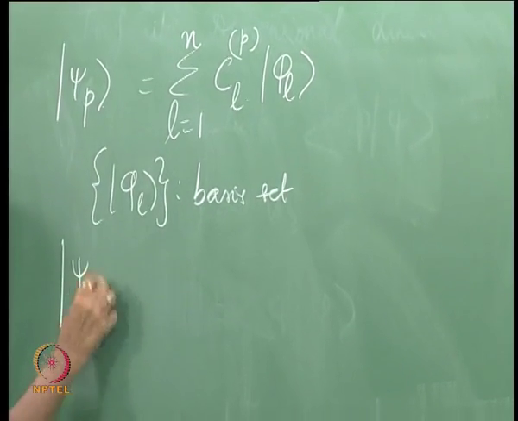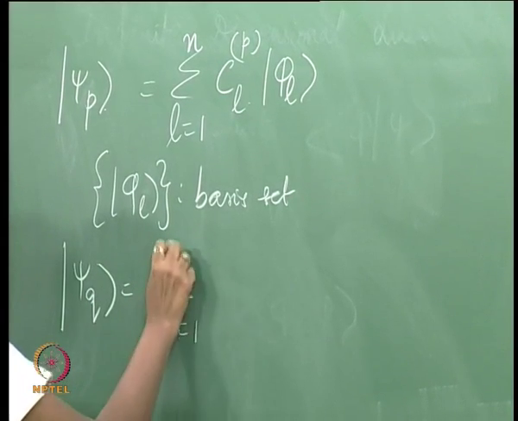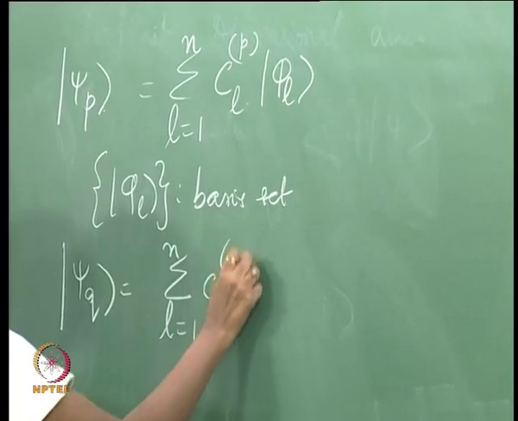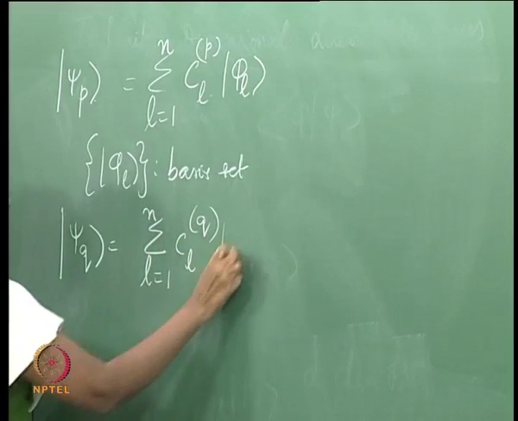Similarly, I have psi q, and this state is also expanded in terms of the basis set, except that the coefficients are different, and therefore I put a p there and a q here.